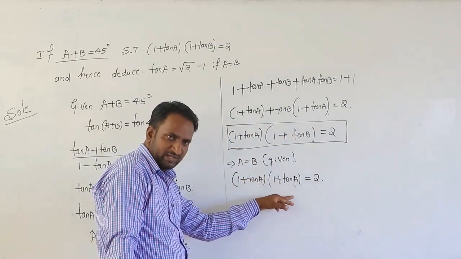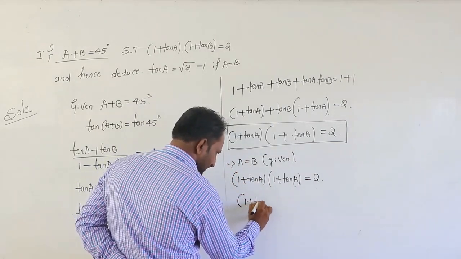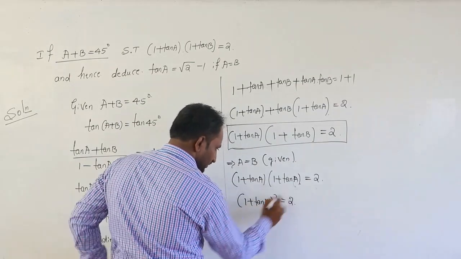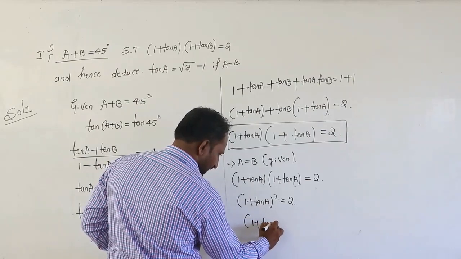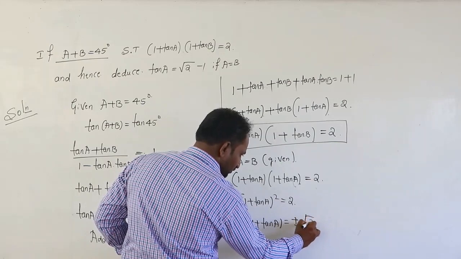A into A, we get A square. In the same way, (1 plus tan A) whole square is equal to 2. Then applying the square root, 1 plus tan A is equal to plus or minus root 2.